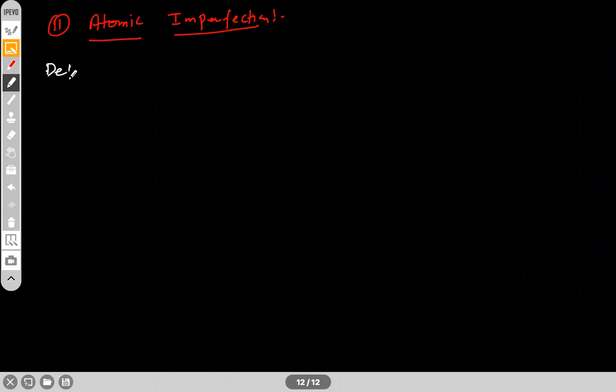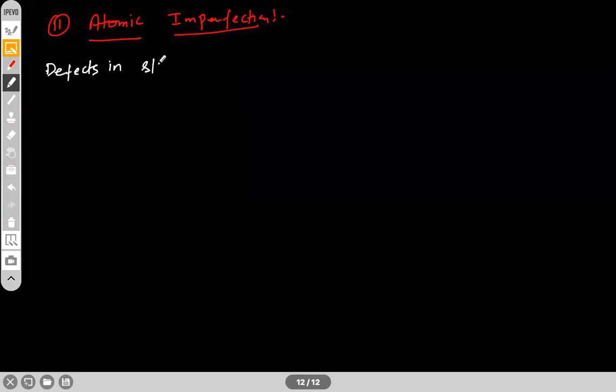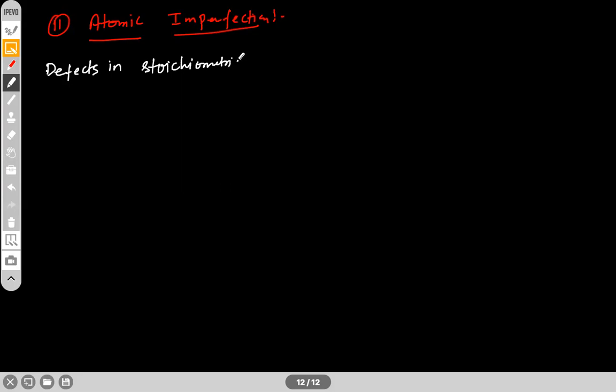So the first type we have is defects in stoichiometric crystal. This is one type.